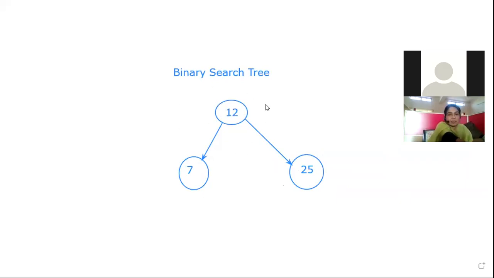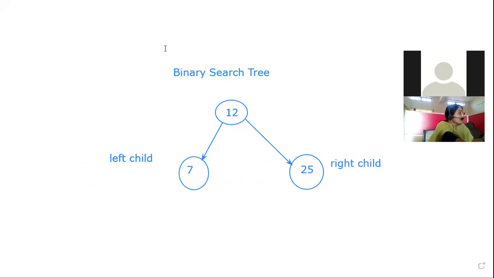So binary search tree, it is also a binary tree actually. That is, it is having two children only, but with a condition. We can set this like this is the left child, and this is the right child.